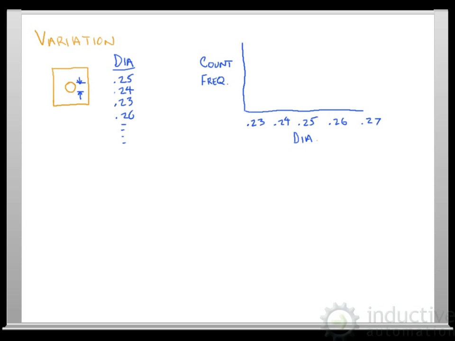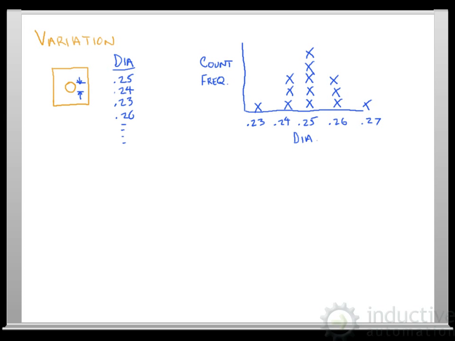So we take our first part and we measure it, 0.25. Next one, 0.24. And 0.23 and a 0.26, and we keep measuring these parts, and each time that part has that measurement, we're going to tally, and we're going to form a pattern here.